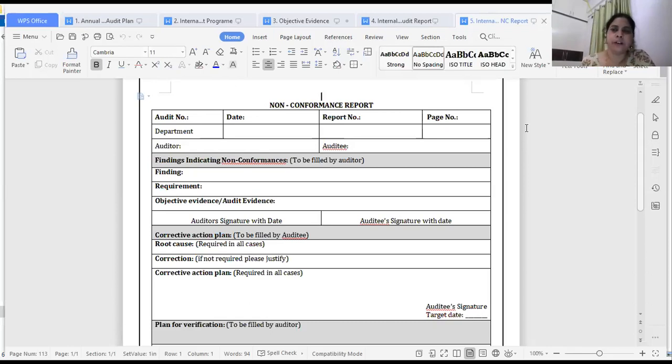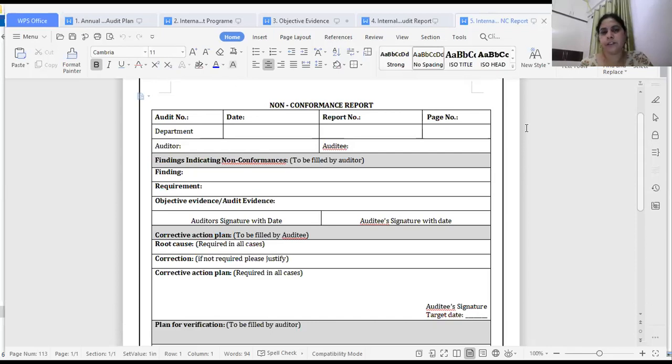I wrote in the non-conformance report, in the findings, the report dated by the auditor, this non-availability of the process owner; the report dated by the second audit by this person, non-availability of the principal. And also I wrote the mail dated this, program dated this, all our findings. And the requirement was availability of the process owner, which is mentioned in the policies and procedures, as well as per the ISO clause.